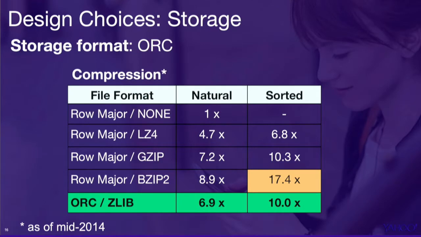So let me back up a little bit here. I want to make one more point. There's the second row, which is a row major format, LZ4, which is about 4.7x compression. Maybe with sequence file it was like 4.5x compression or something. The only reason I mention it again is what we also noticed when we are reading and writing sequence files: even though the compression factor was less, LZ4 was incredibly fast.